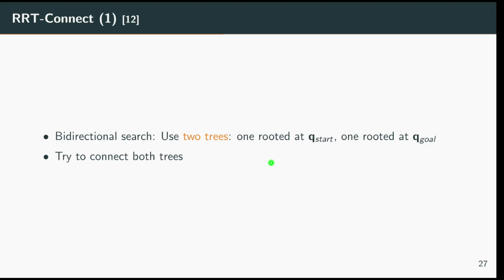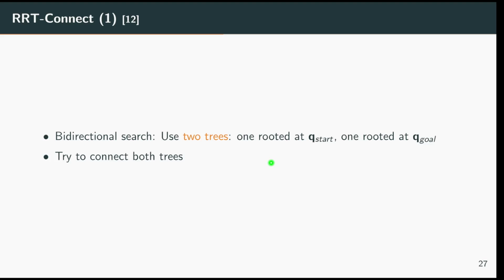Okay. Then the next algorithm I want to discuss, unless there's a question about EST, is called RRT-Connect. RRT-Connect is an algorithm that many practitioners recommend to use first for geometric motion planning problems, just because it finds solutions very quickly, and these solutions are typically even high quality.